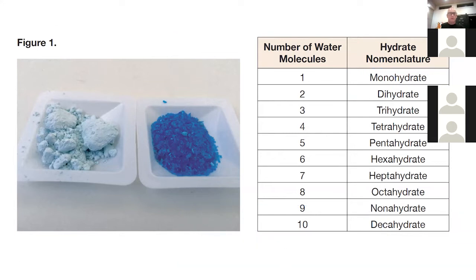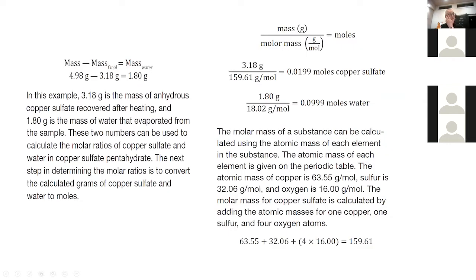So how are we going to do these calculations? When you heat this salt, the first thing we're going to do is weigh it before it's been heated. In this particular instance, the mass of copper sulfate was around 5 grams.